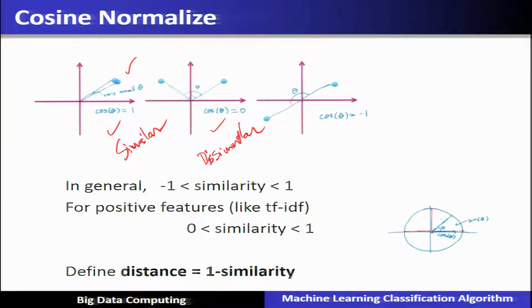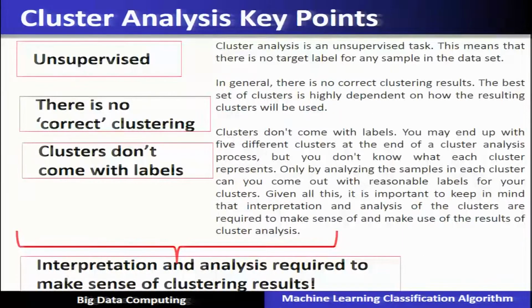So, the distance is often measured as 1 minus that similarity, hence the smaller values are taken as, so here in this particular method. Now, cluster analysis, the key points. We can see that this technique of clustering, or cluster analysis, is categorized as unsupervised machine learning. Why?